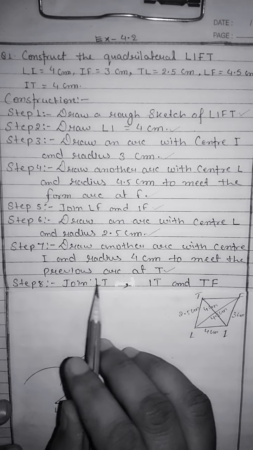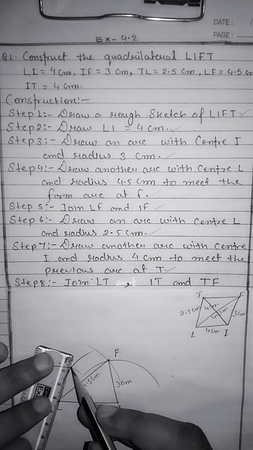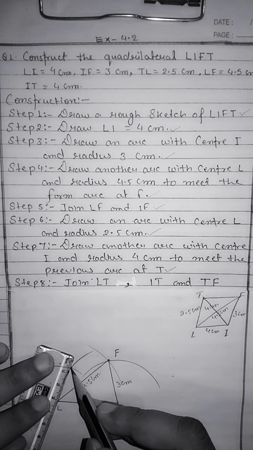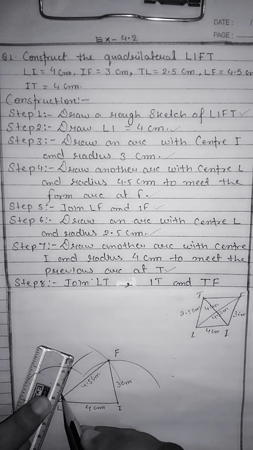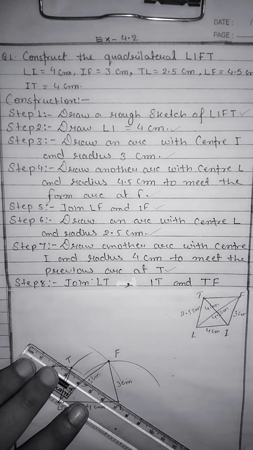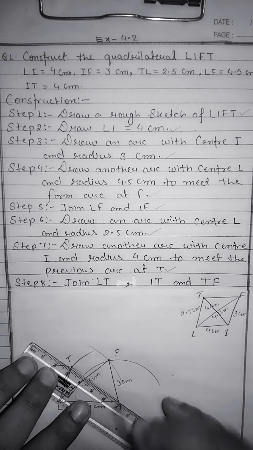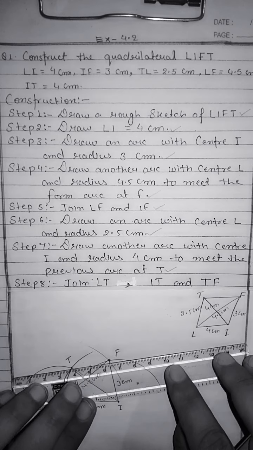Now join LT. First join L and T. Join L to T. It is LT. Join I to T and TF.